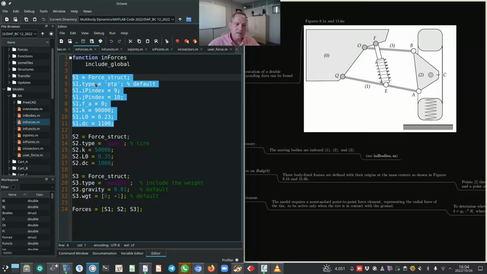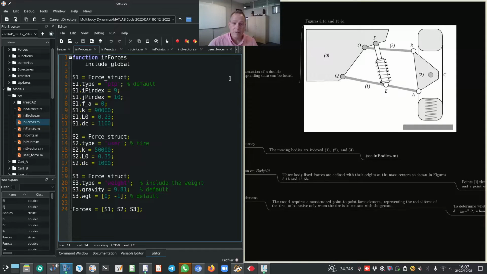And it is very similar to the spring damper that we've discussed in lecture 9 when we spoke about the conveyor belt with a block that rests on the belt and the spring attaching the block to ground. So you're welcome to have a look at lecture 9. The details of how we formulate a point-to-point spring damper are discussed in lecture 9.